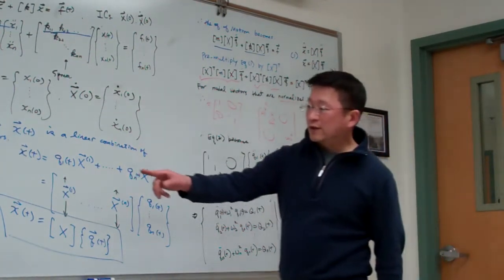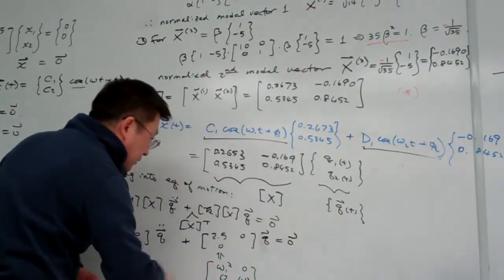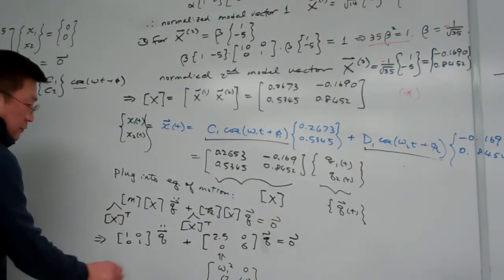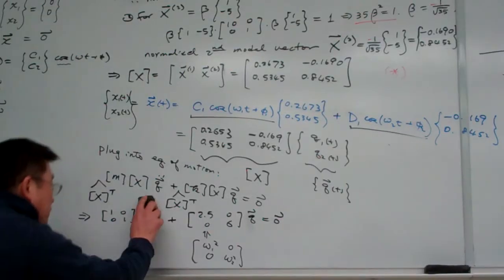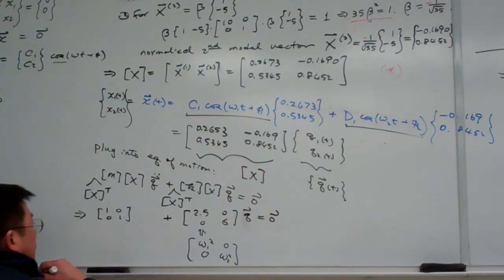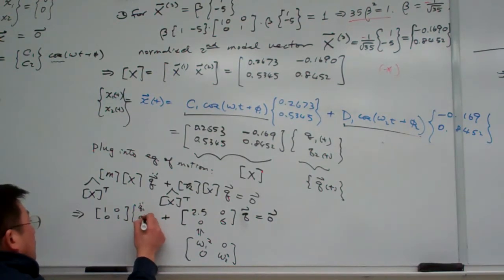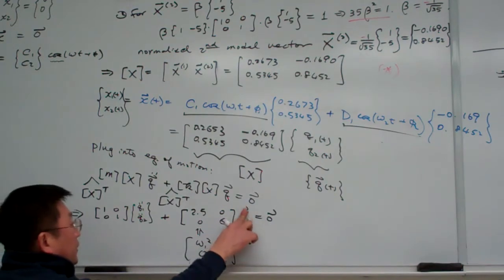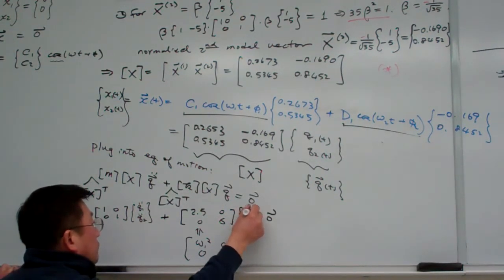For example, we can utilize these simple numbers here. This one is Q1, Q2, and this one is Q1 and Q2.